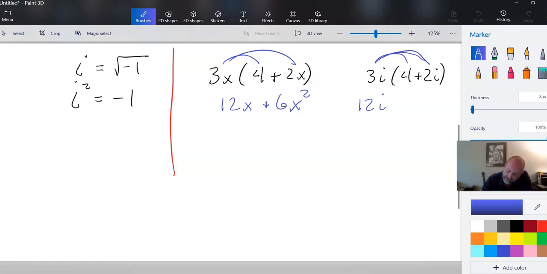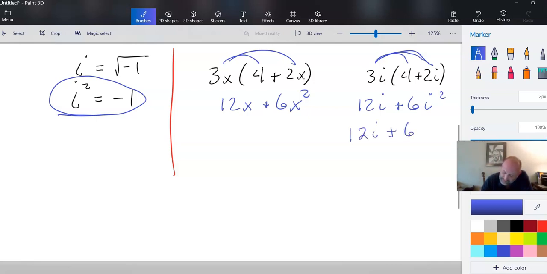And then here, 3i times 2i gives me 6i squared. Now, i squared is negative 1, which means I can take the i squared out and rewrite this way. 12i plus 6, and the i squared's gone. I'm going to put a negative 1 in here, because that's actually what i squared is equal to. So that gives me 12i minus 6.